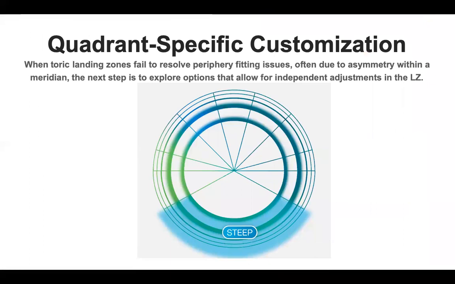When toric landing zones fail to resolve peripheral fit issues, often due to asymmetry within the meridian, the next step is to adjust the lens and add a quadrant-specific design. Cuando muchas veces nos falla las zonas de toricidad en el aterrizaje a nivel de la periferia, debido a la simetría que hay en algún meridiano, el próximo paso va a ser adaptar un lente con un cuadrante específico.